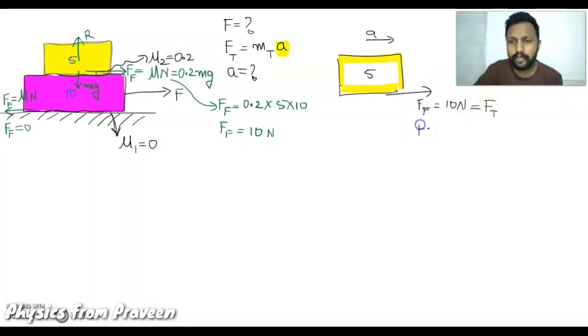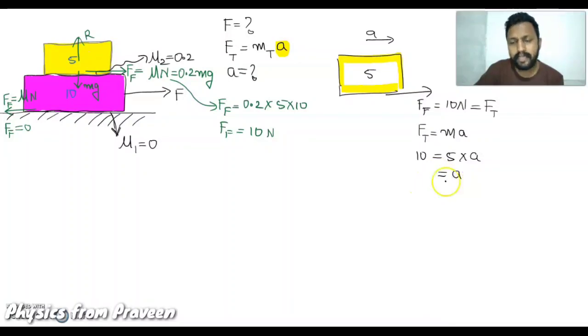Therefore, we can use the formula: total force is equal to mass into acceleration. The total force on this 5 kilogram mass is 10 Newton. So 10 is equal to mass, which is 5 for the 5 kilogram case, into acceleration.